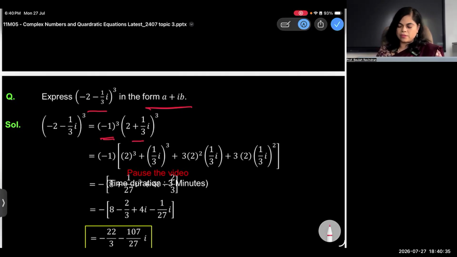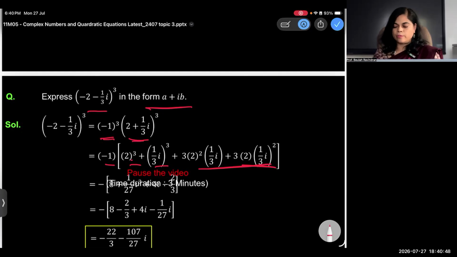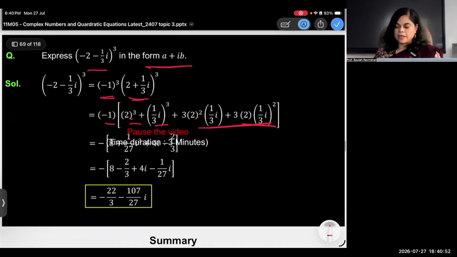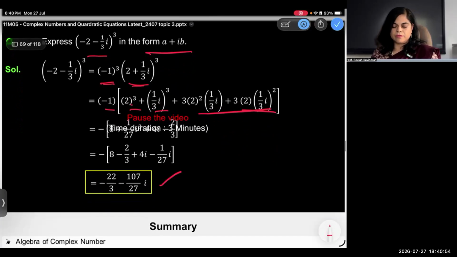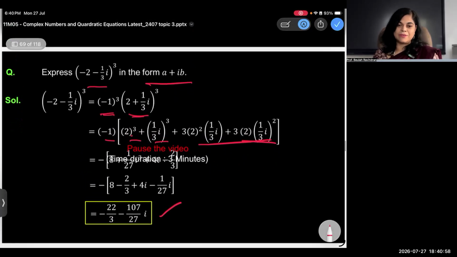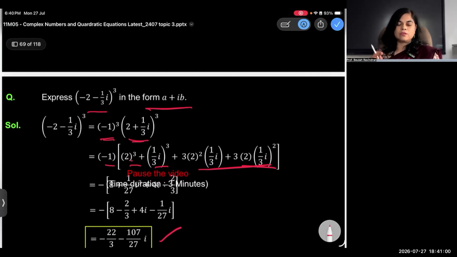So all negatives you have taken outside. So minus 1 the whole cube will be minus 1. Then it's easy for you to apply the cube formula. You just expand it: a cube plus b cube plus 3ab square plus 3a square b, like that. Then simplify and write it in the form of a plus ib. Looking at it, it's very easy for you, but while doing it, don't make any mistakes in plus or minus.